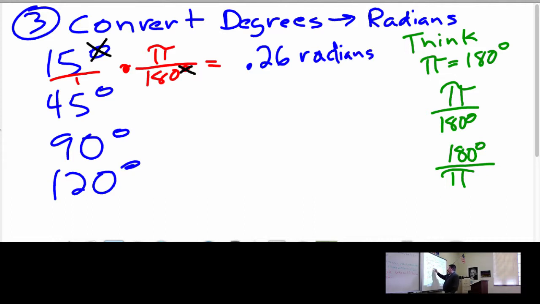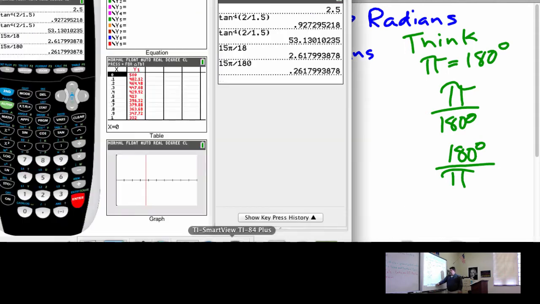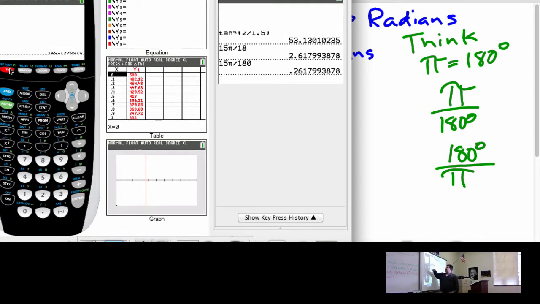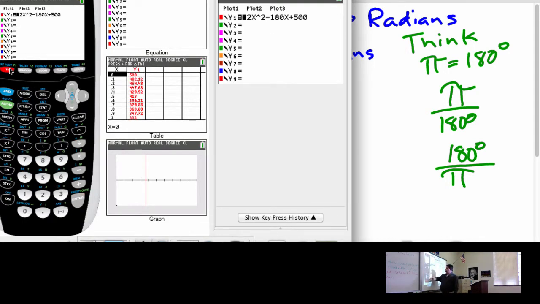So if I do this one here, I would say 45 times pi. Now what you could do, we're always multiplying it by pi over 180. So we could kind of cheat a little bit. I could create a function here, and I could do x times pi divided by 180.